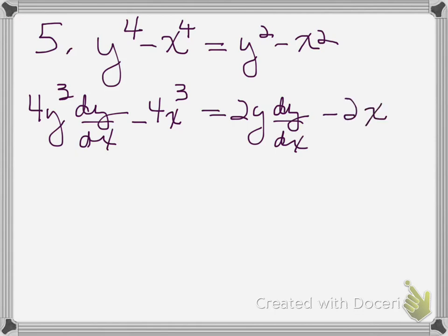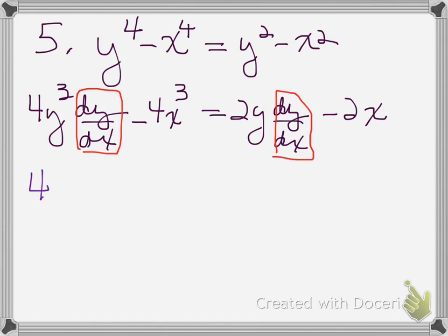Looking at that, I have a dy/dx over here, and I have another one over here. So I'm going to spend my next step rearranging this problem. I'm going to get my dy/dx's on the left side.